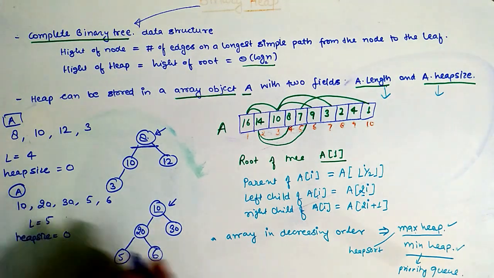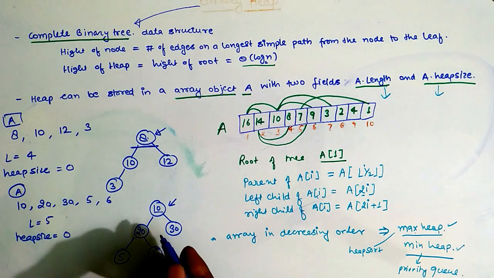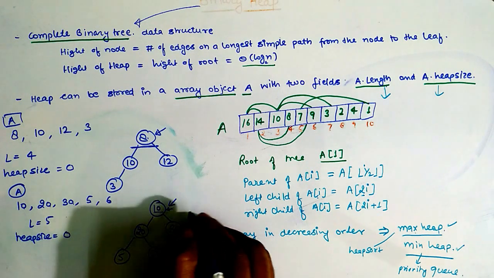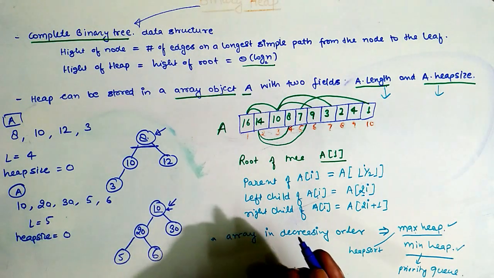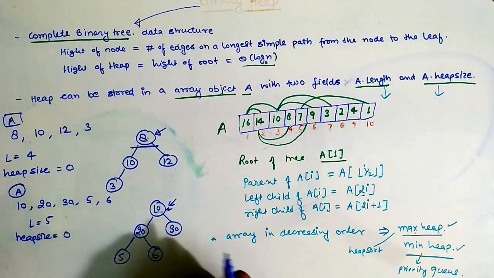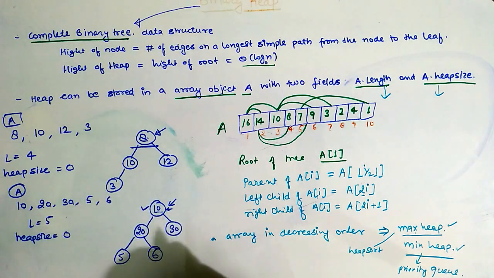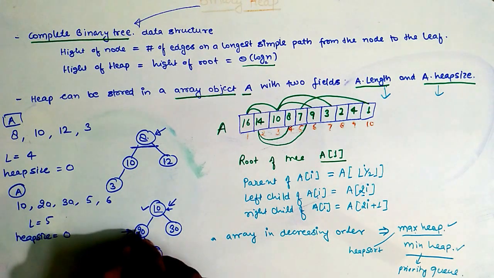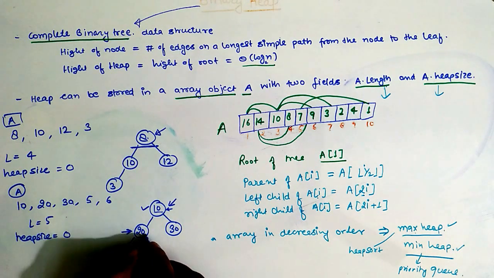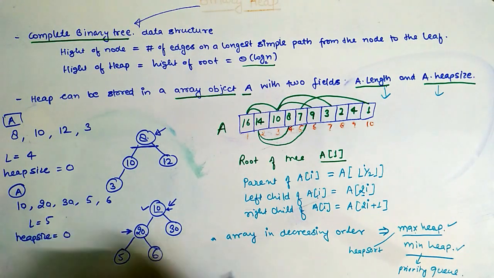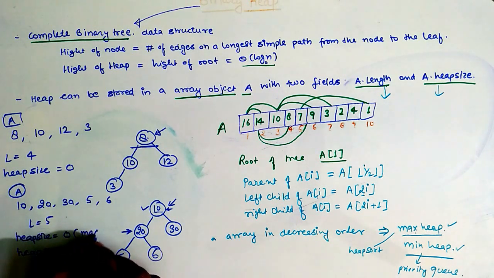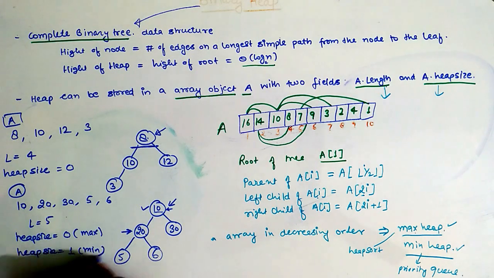If I consider the same tree as a min heap, which says that the root value is always less than its child values, then at this level the condition is true, and at this level the condition is false, because the parent is greater than the child. So the heap size for the min heap would be 1. This is the case when max heap is considered, and this is the case when min heap is considered.